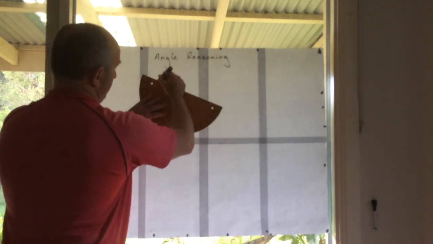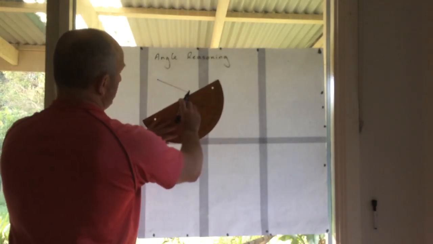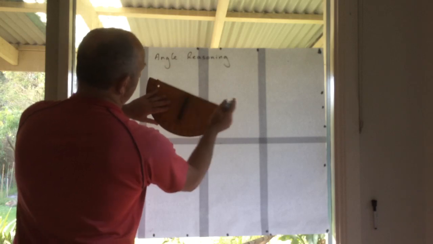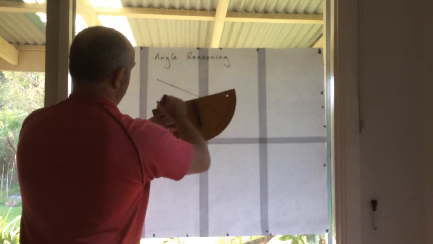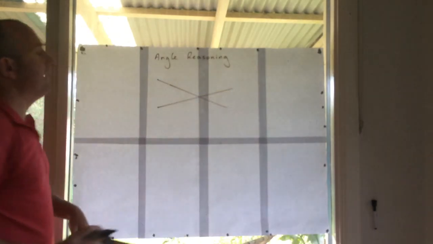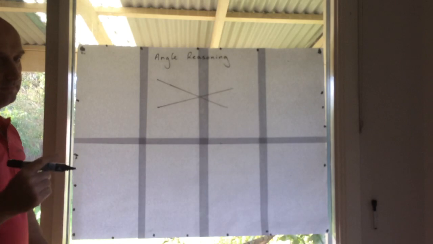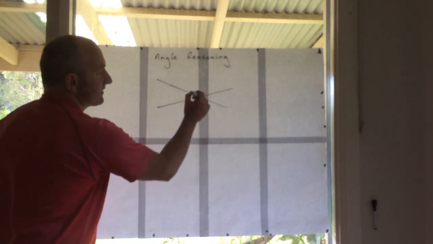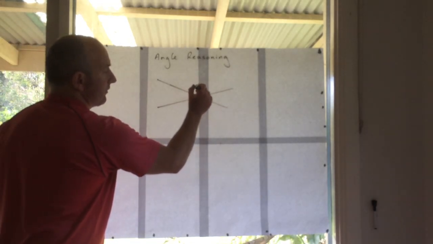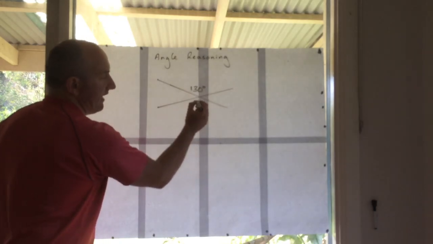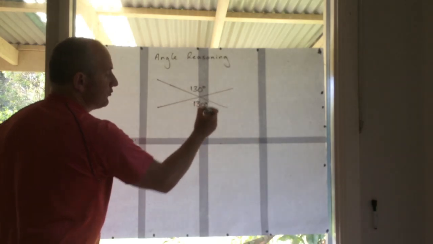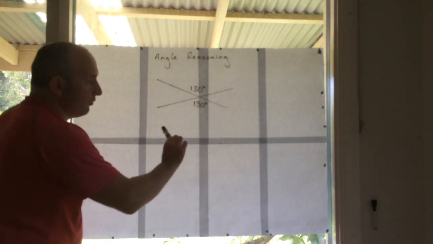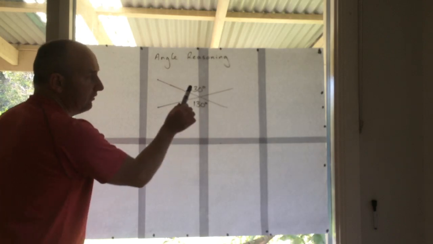Whilst we're talking about angles in a revolution, if we just make this a bit bigger, if we look back at our opposite angles, and I say this is 130 degrees, and that means if this is 130, these two are opposite, that has to be 130 degrees, then ultimately I can work out the remaining.